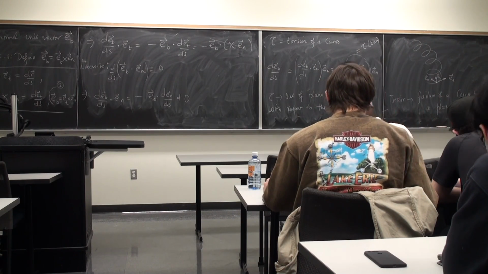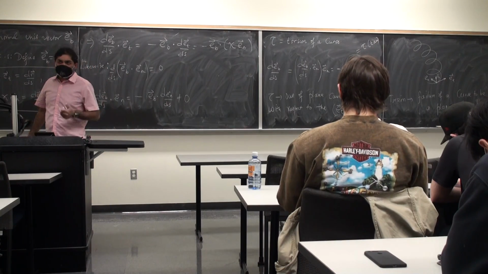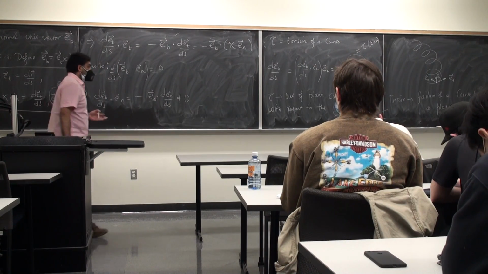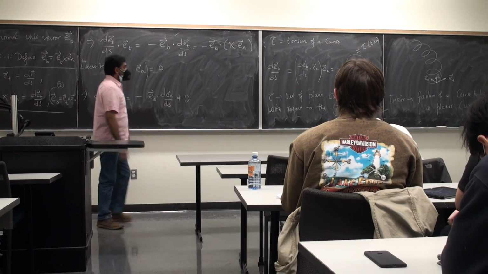Torsion can be positive or negative. Right-handed helix is positive torsion, left-handed helix is negative torsion. Once again, those details are things that we will not be seeing for the time being. So just hang on to that thought.